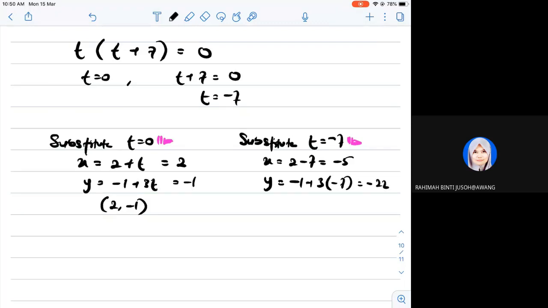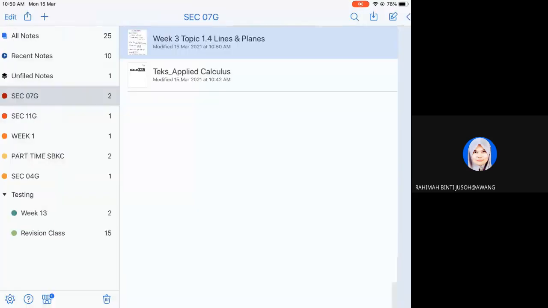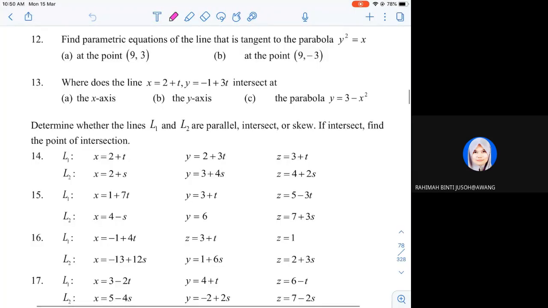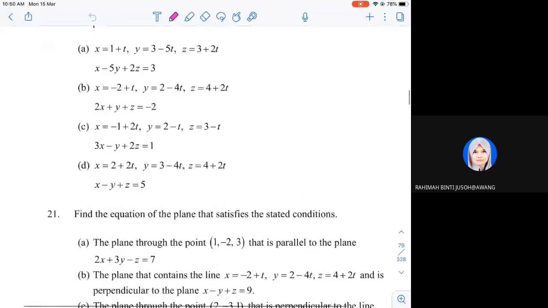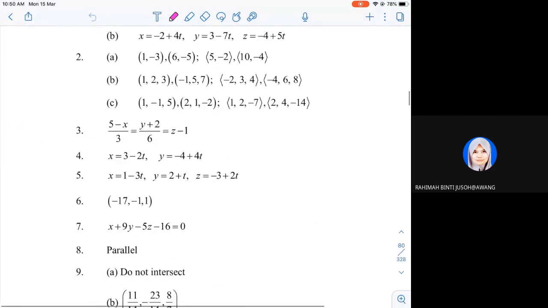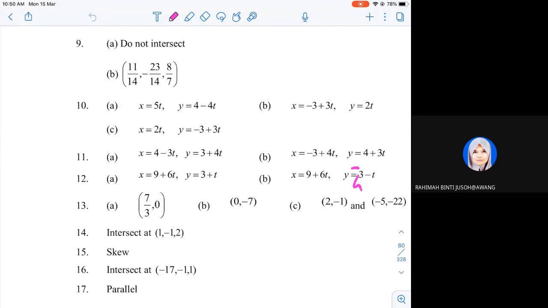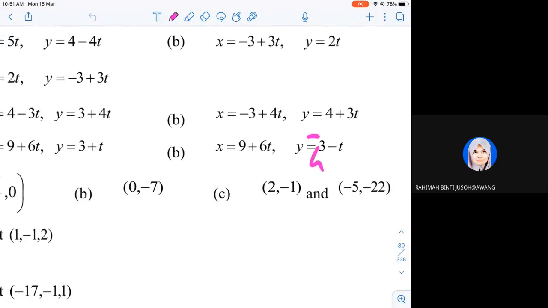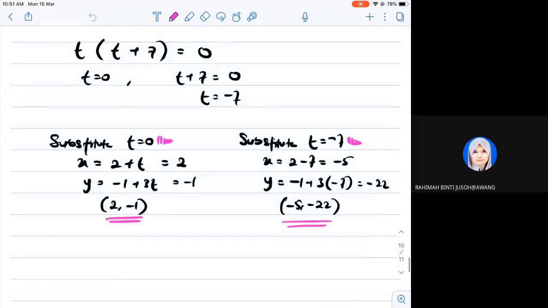So the coordinate is negative 5, negative 22. Is that the answer at the back? Question number 13C. Yes, that's correct. Okay, so next.